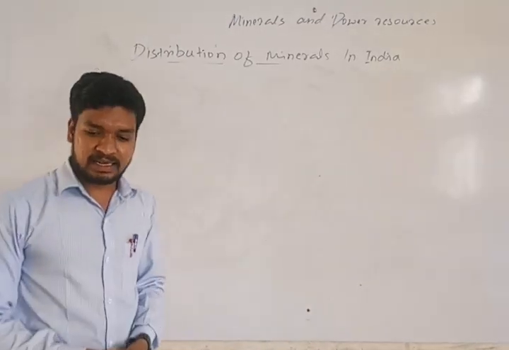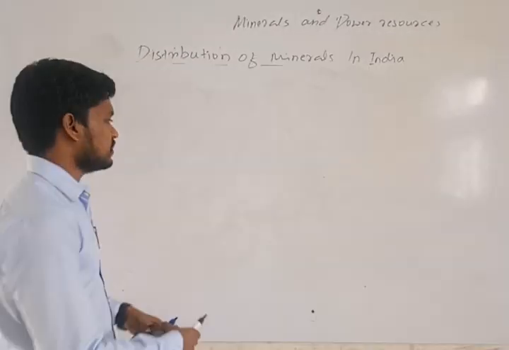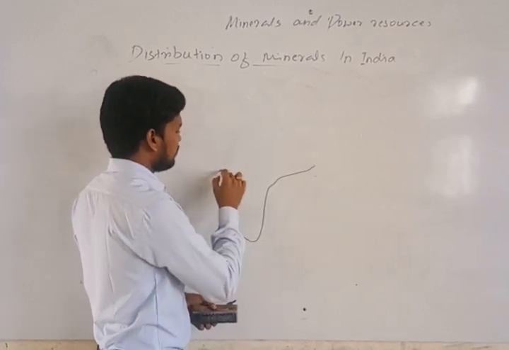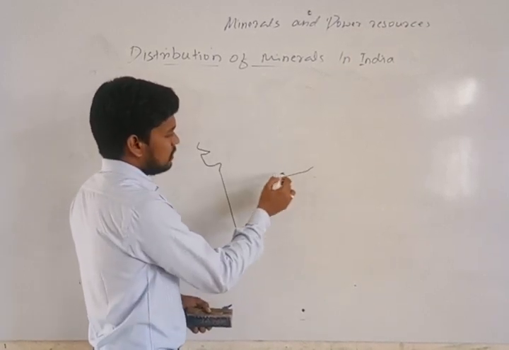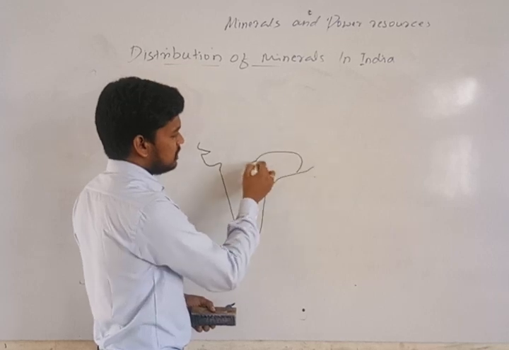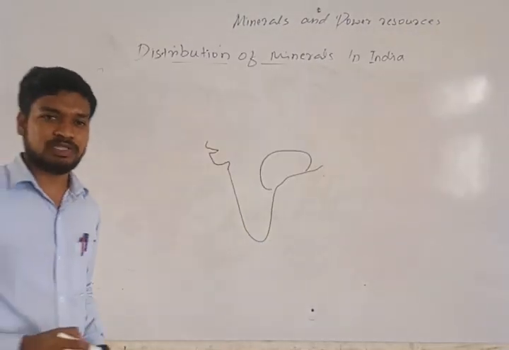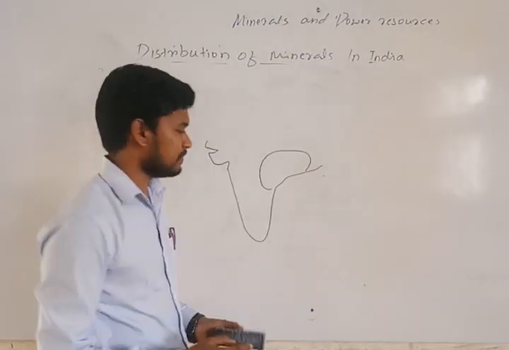Here, mainly in India, we find the deposition of minerals in the Chotanagpur Plateau. Suppose it's India. Here this portion is called the Chotanagpur Plateau, the eastern part and southeastern part.